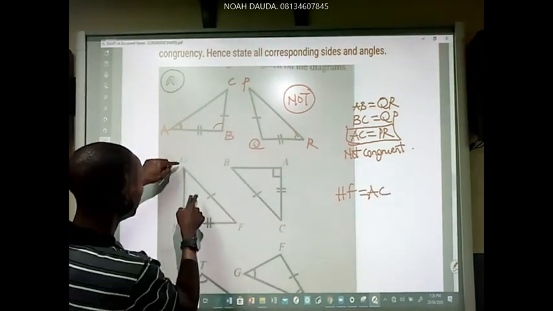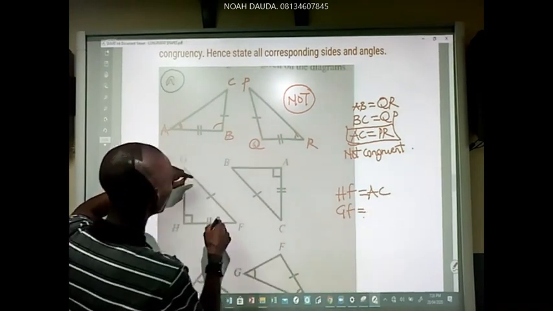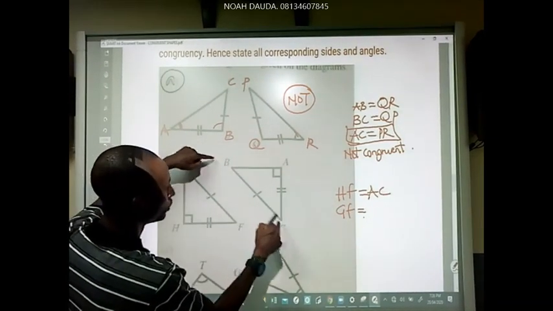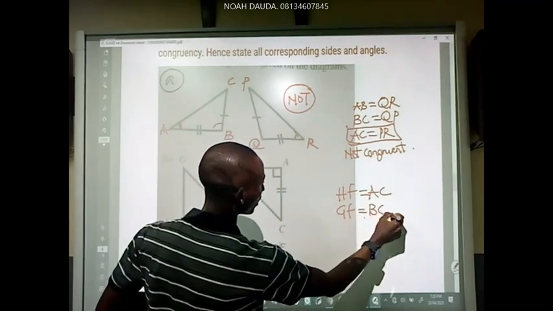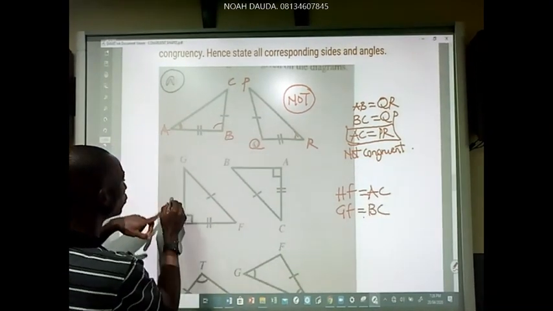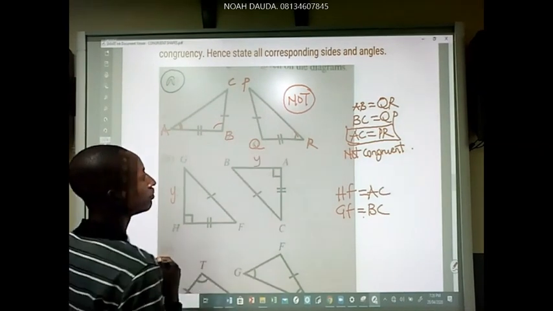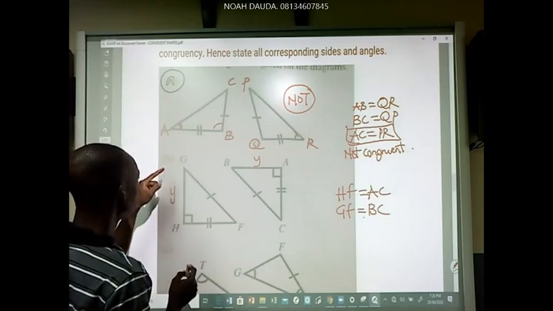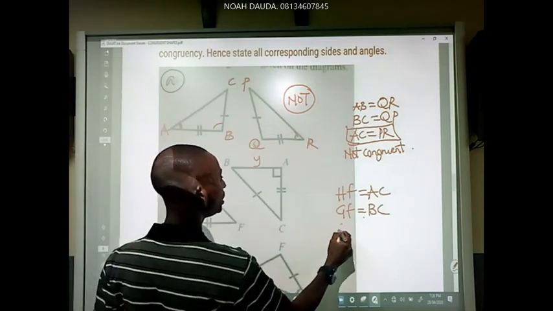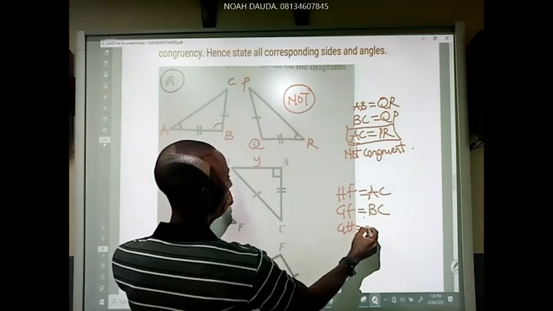Also the same way, your GF is equal to your BC. Now, do not forget that you make use of your Pythagoras rule. Whatever answer you have here must also be the same as what you'll have here. So, in a nutshell, your GH is equal to your AB.